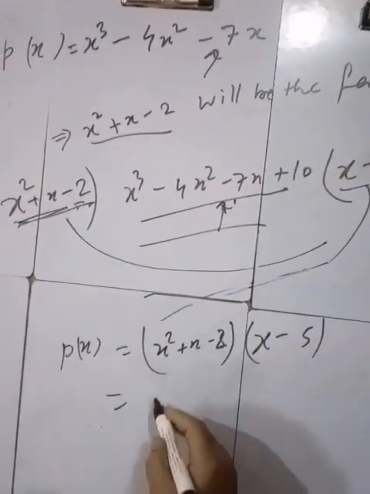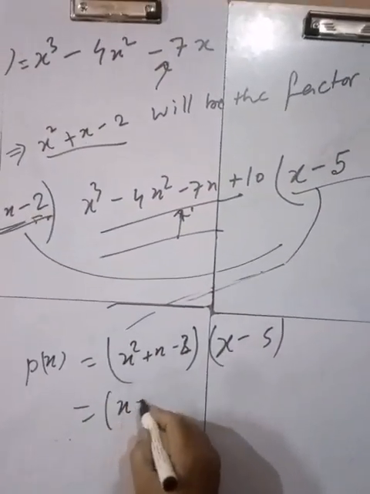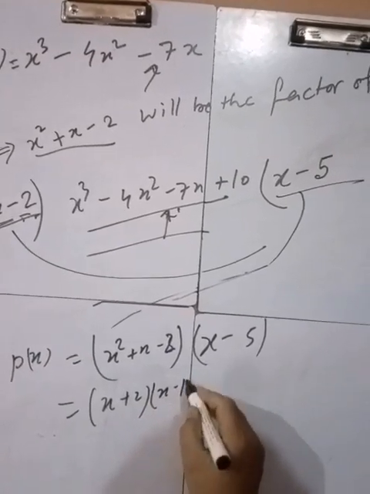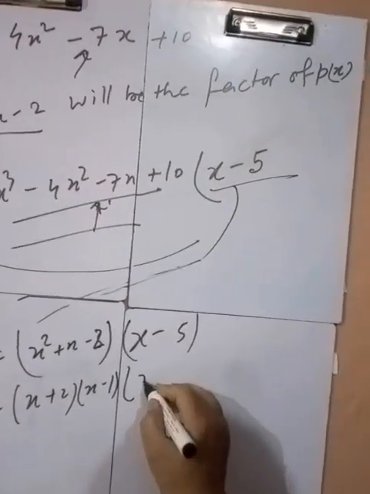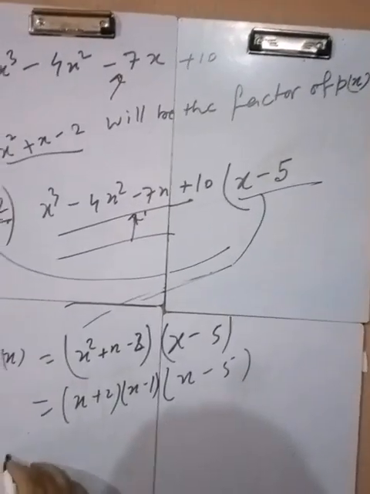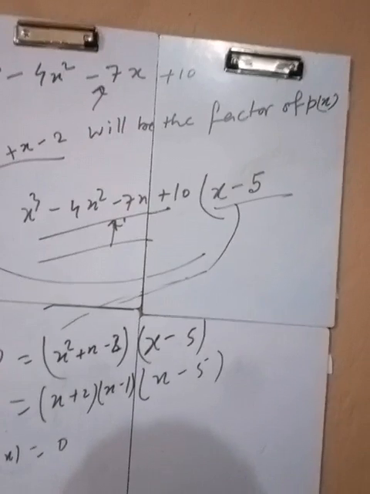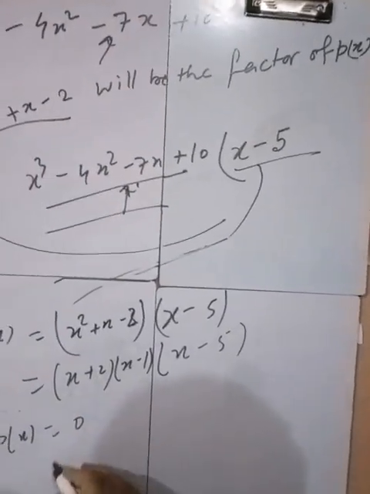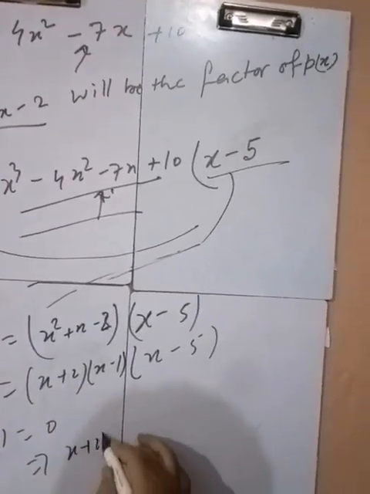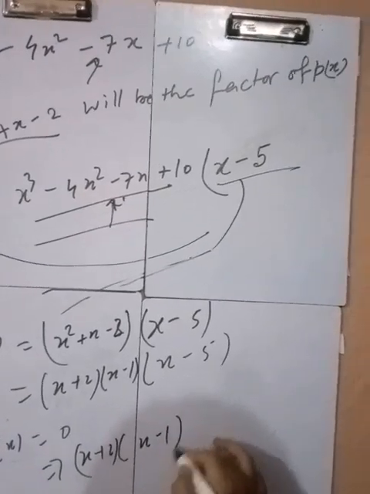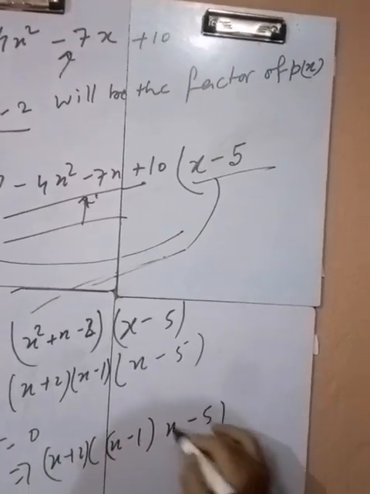Earlier the factors were x plus 2 into x minus 1, and this is x minus 5. Same method: Px will be 0, because we are finding the zeros. So x plus 2 into x minus 1 into x minus 5 will be 0.